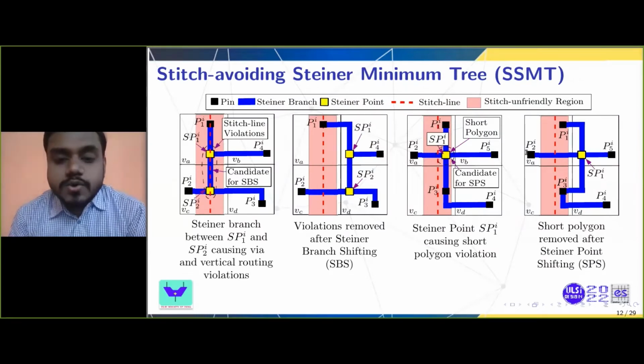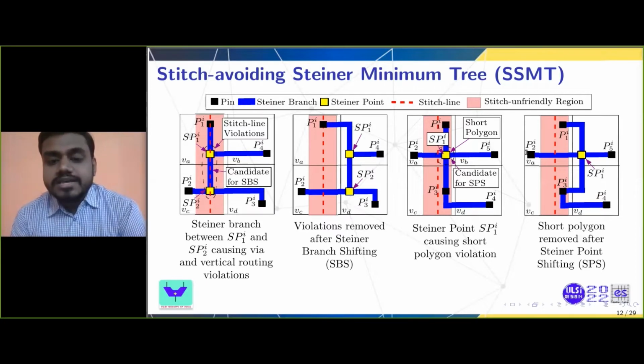The slide shows an example of our shifting methods. The leftmost figure shows a Steiner minimum tree where a Steiner branch is on the stitch line, causing vertical routing violation and via violation due to the Steiner point and the branch. Hence, we perform SBS to shift the branch out of the stitch unfriendly region, as shown in the second figure.